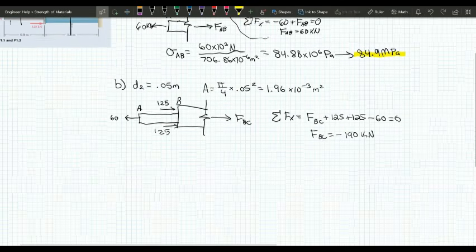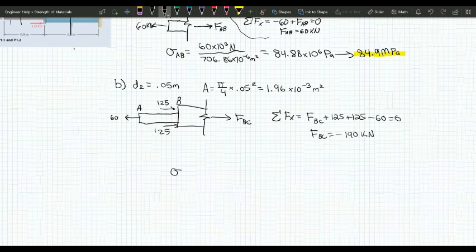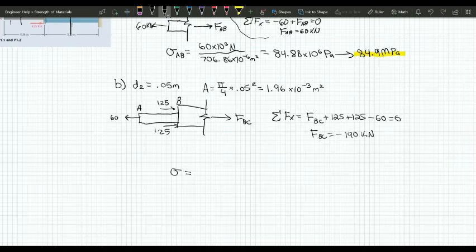So now we can use our stress equation. So sigma BC is equal to negative 190 times 10 to the third newtons all over 1.96 times 10 to the negative third meters squared.